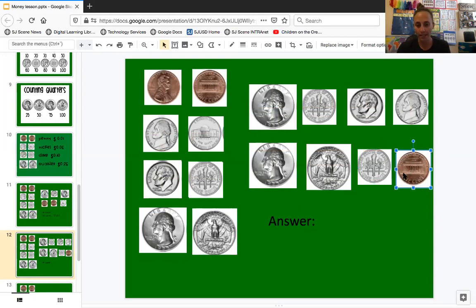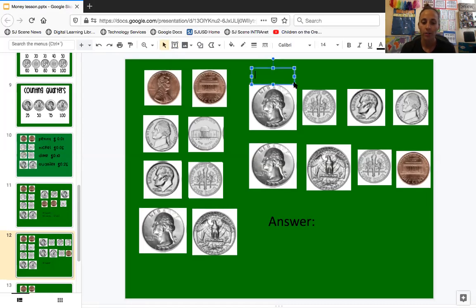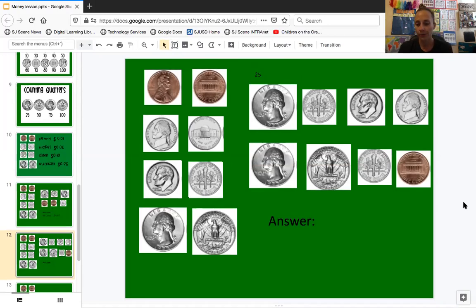Let's start with the biggest coins, the value. Which ones have the most value? Quarters. Okay, so let's start with our first quarter. How much is this quarter worth? Yes, 25. Where's another quarter? Do we have another quarter? Yes, we do, down here. 25, 50.